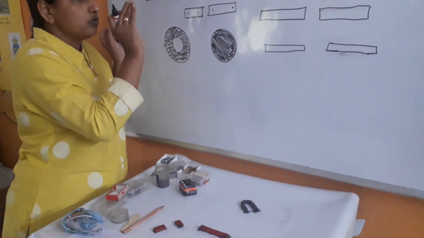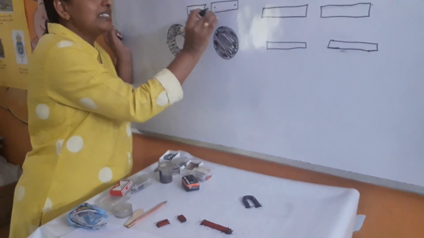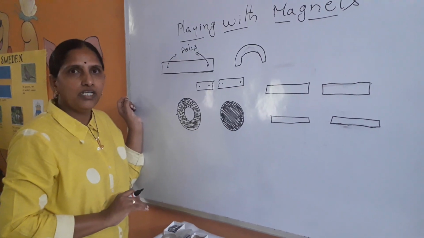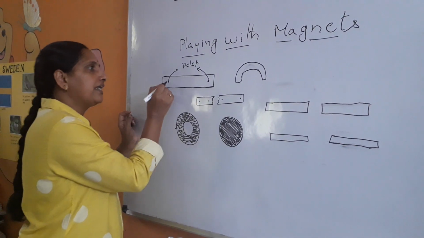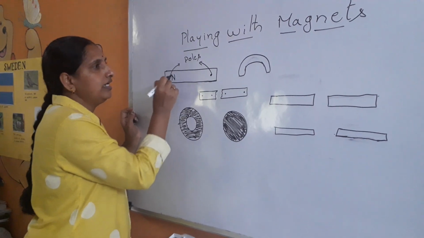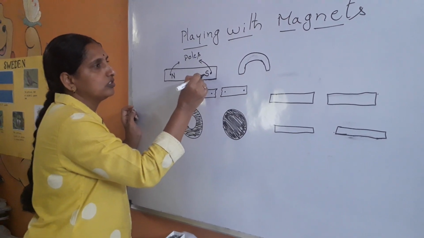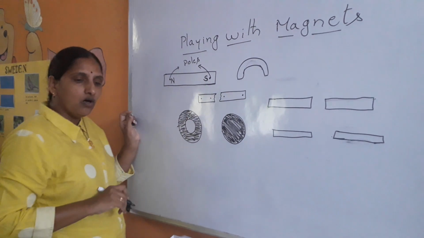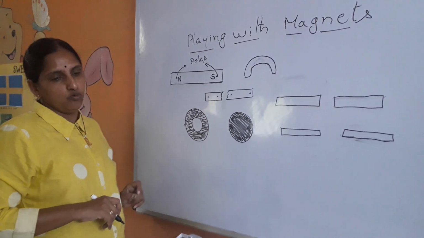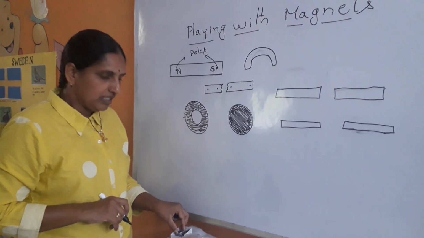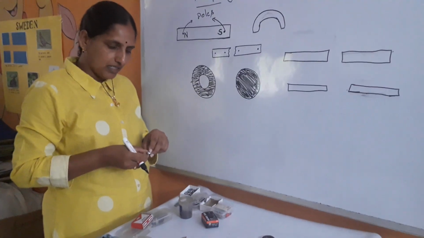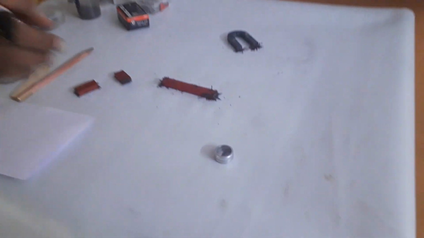Okay? Right. So now what are these and how are they named? We must know, right? So they are named as north and south poles. How and why are they named as north and south poles? Let us see.